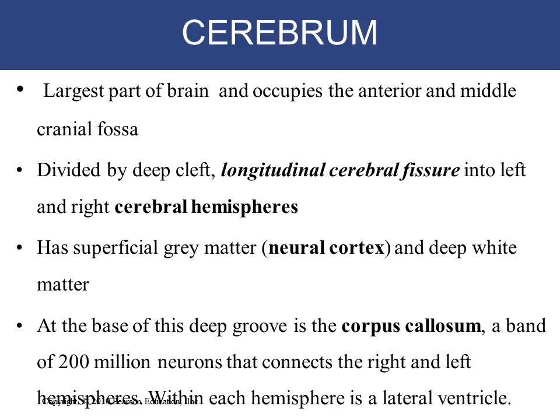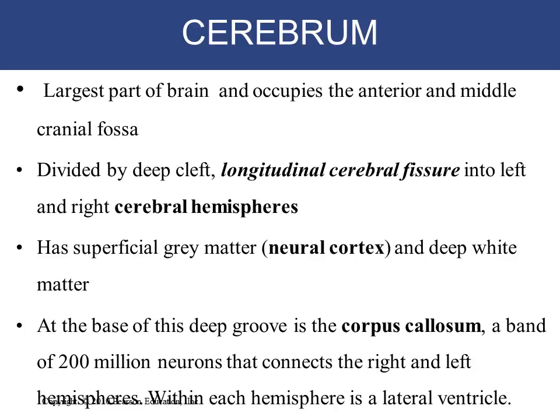The first part of the brain we are going to be discussing is the cerebrum, which is the largest part of the brain, and it occupies the anterior and middle cranial fossa. The cerebrum has two hemispheres, the right and left hemisphere, which are divided by the longitudinal cerebral fissure. Each of these hemispheres contains one of the lateral ventricles. Deep within the brain, the hemispheres are connected by a mass of white matter called the corpus callosum.